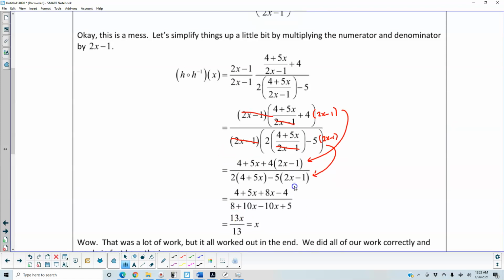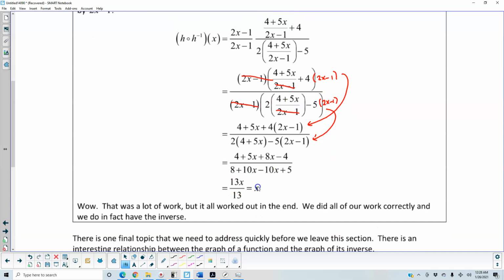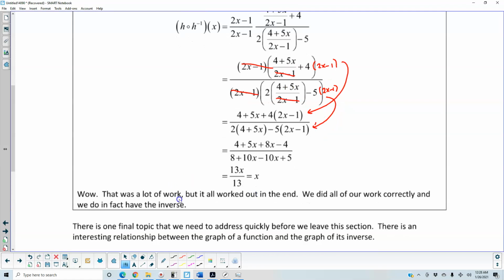And so now we're going to distribute the 4 and the negative 5 to get 4 plus 5x plus 8x minus 4. Here we get 8 plus 10x minus 10x plus 5. Combining like terms, we get 13x over 13, which is equal to x. So wow, that was a lot of work, but it all worked out in the end. We did all of our work correctly, and we do in fact have the inverse.